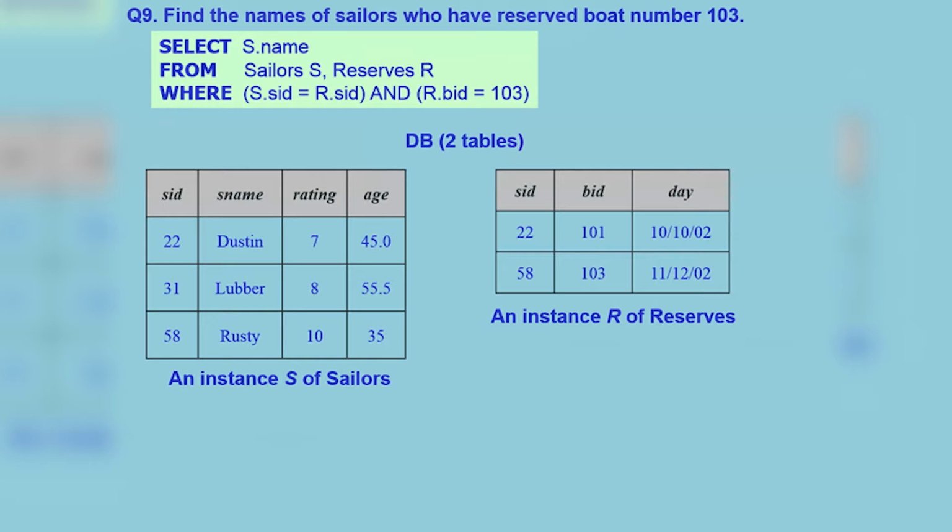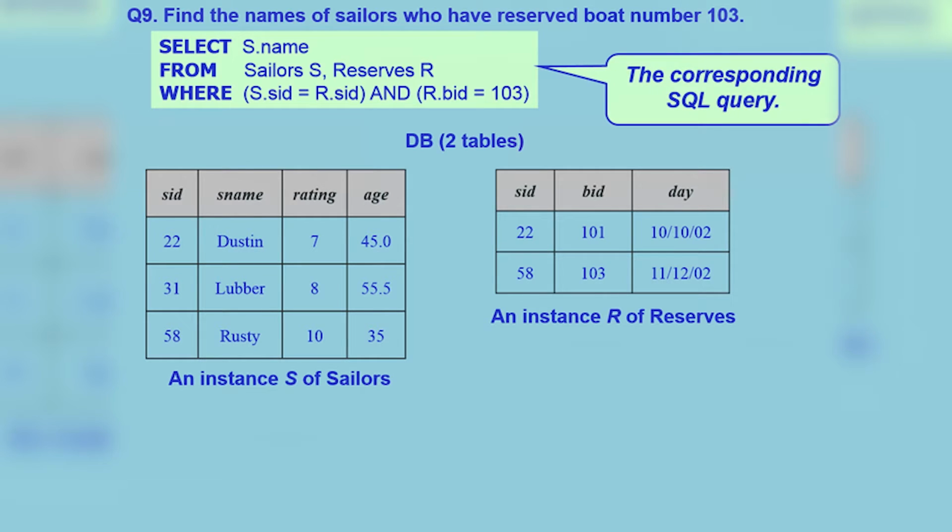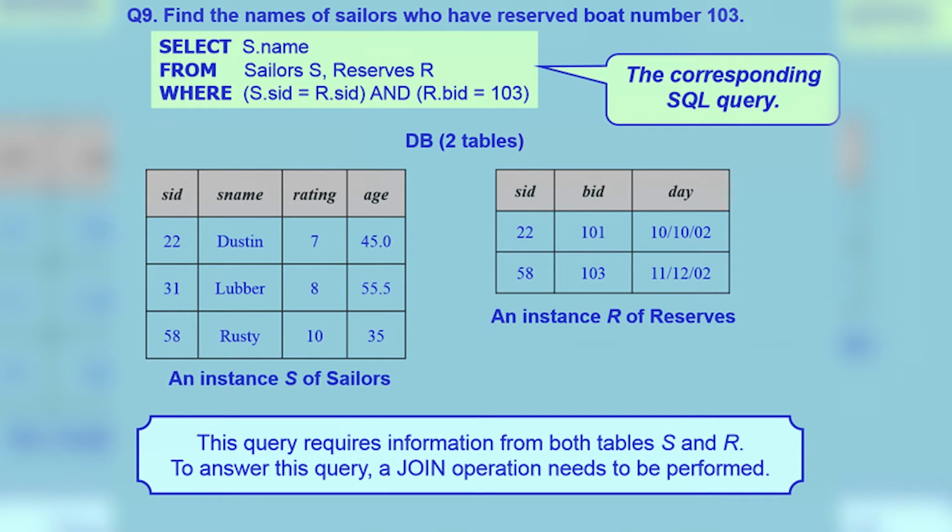There is the corresponding SQL query. This query requires information from both tables S and R. To answer this query, a join operation needs to be performed.